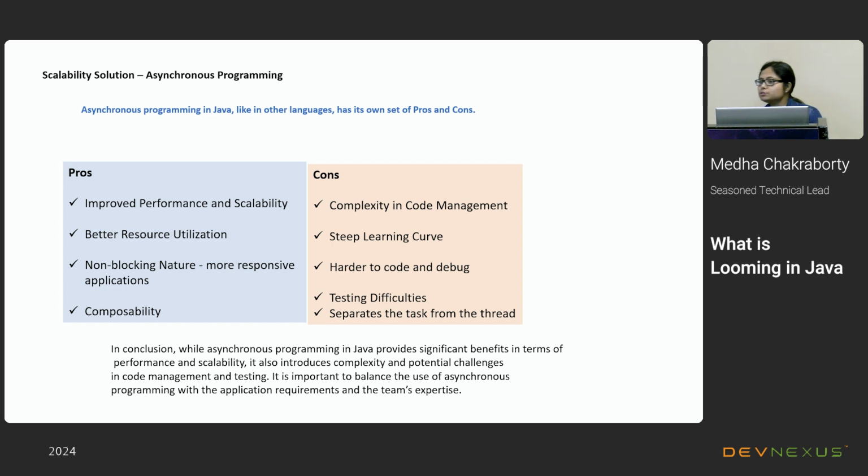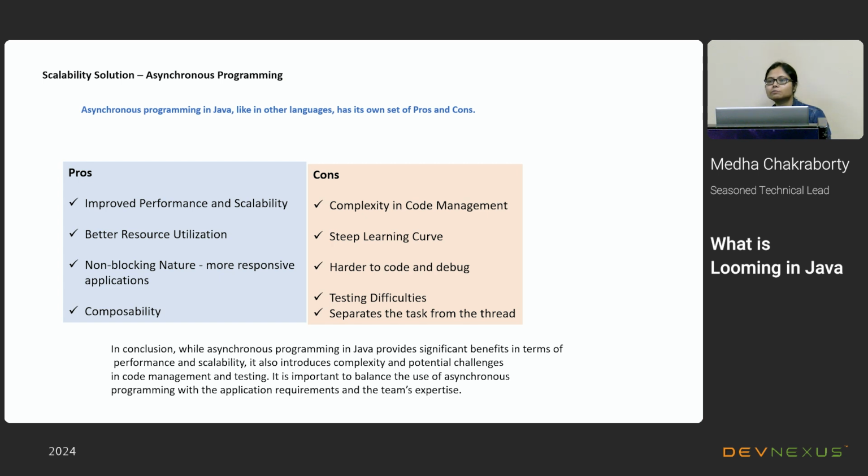Now the second option, what is available till date, is asynchronous programming. So what is asynchronous programming? Asynchronous programming is doing the same job, but allowing you to make your blocking operations non-blocking.